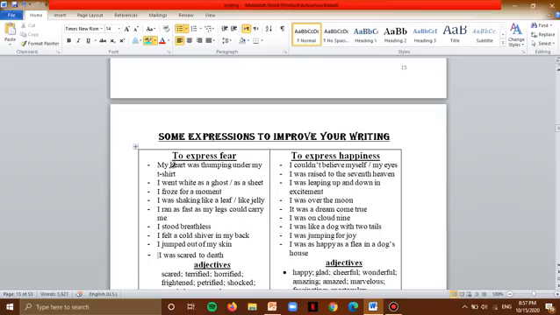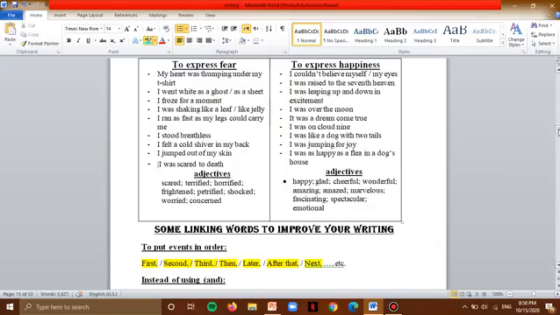For example, I can say my heart was thumping under my t-shirt. So thumping means it was beating very, very fast and loud. Okay, I went white as a ghost or as a sheet. Okay, the blood went out from it means that the blood went out from my face.